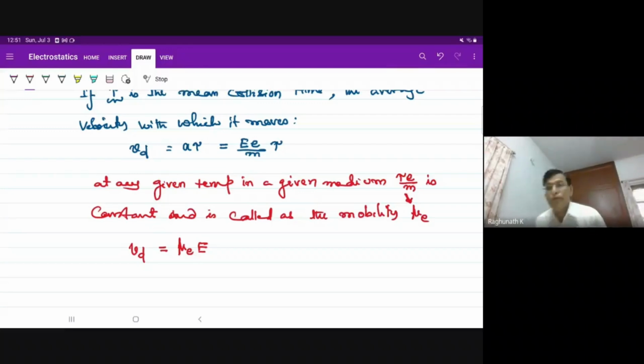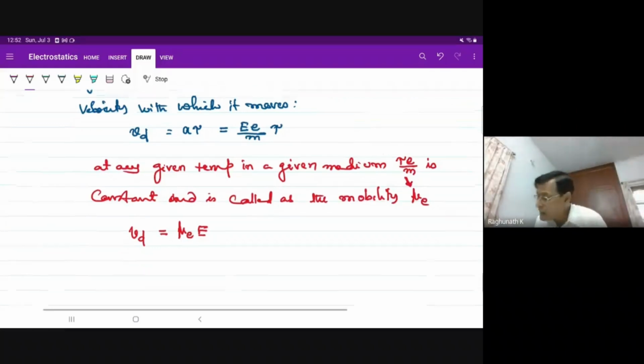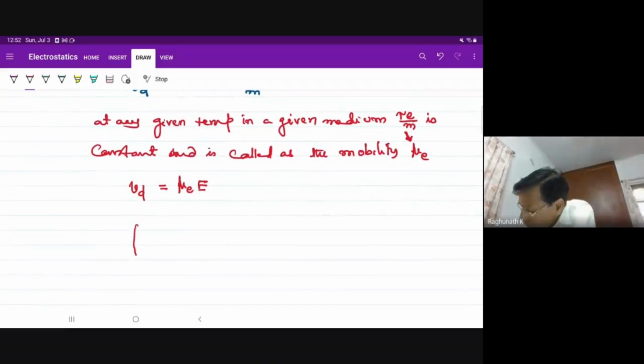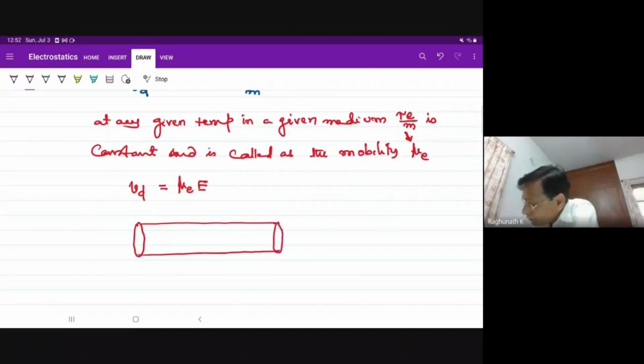I know that. If I consider a simple case where the electric field intensity inside the conductor is created by creating a potential difference of V volts in the same conductor, I will not show the polarity.